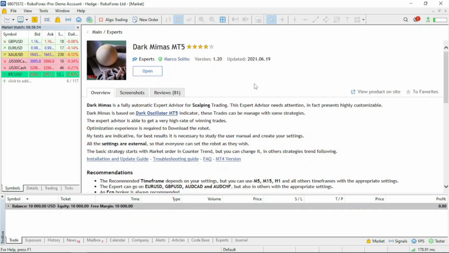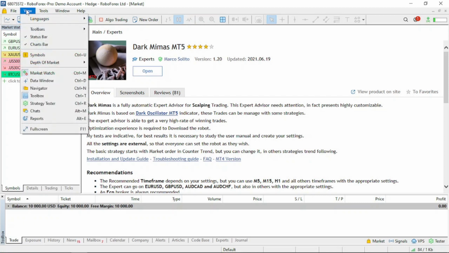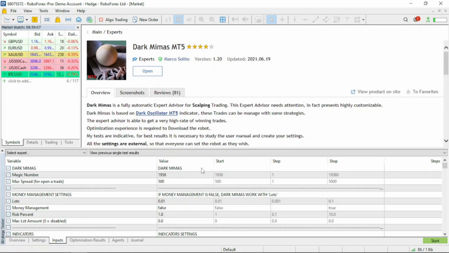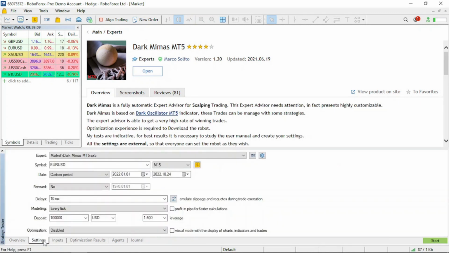To run a strategy test on MetaTrader 5 is very simple to do. All that you need to do on your MT5 is go under View and select Strategy Tester. When it comes to setting your requirements, you're more than welcome to adjust these according to your own trading plan. For today, we'll be testing the Euro USD on the 15-minute chart for the last year.